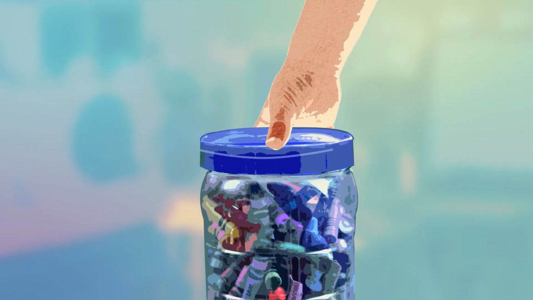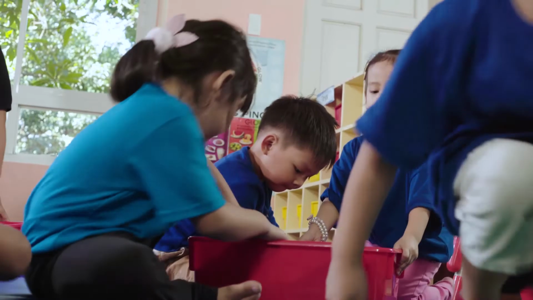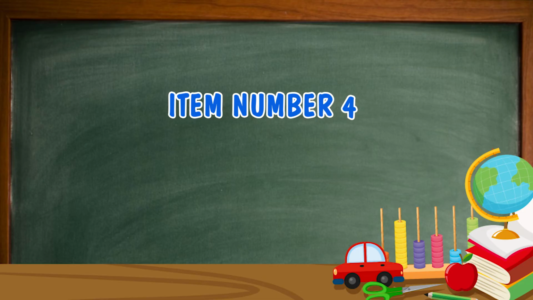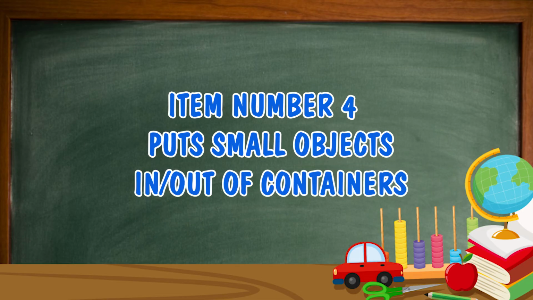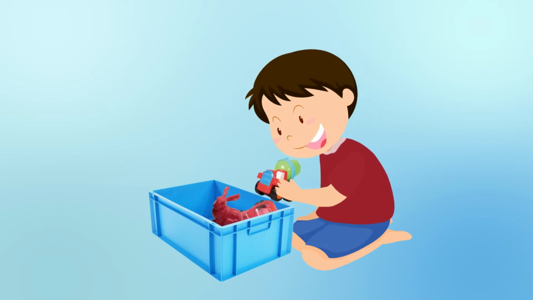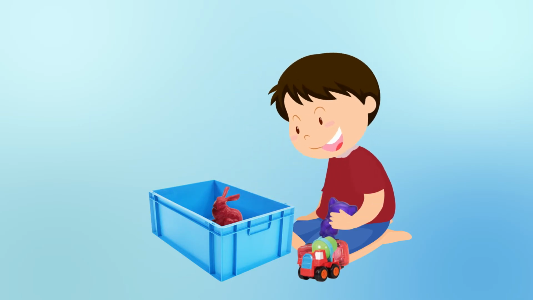After drawing, ask the child to put the coloring materials back into the jar and screw the lid back on. Through this, the following fine motor skills may be assessed. Item number 4 puts small objects in or out of containers. Nailalagay sa loob at inilalabas mula sa isang lalagyan ang maliliit na bagay.